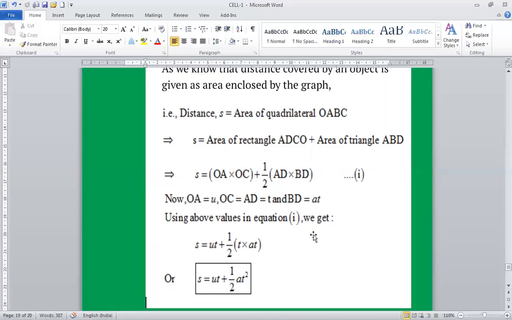Using these values in the equation, we get S is equal to UT plus half AT square.